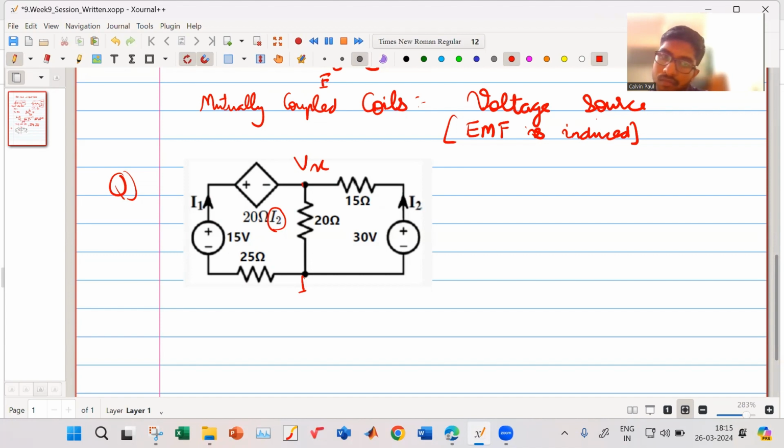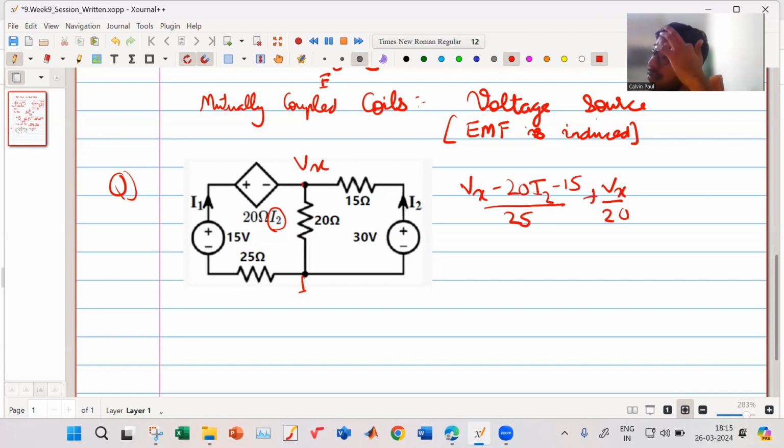Vx minus 20 I2 minus 15 divided by 25, plus Vx by 20, plus Vx minus 30 divided by 15, is equal to 0. So is it correct?